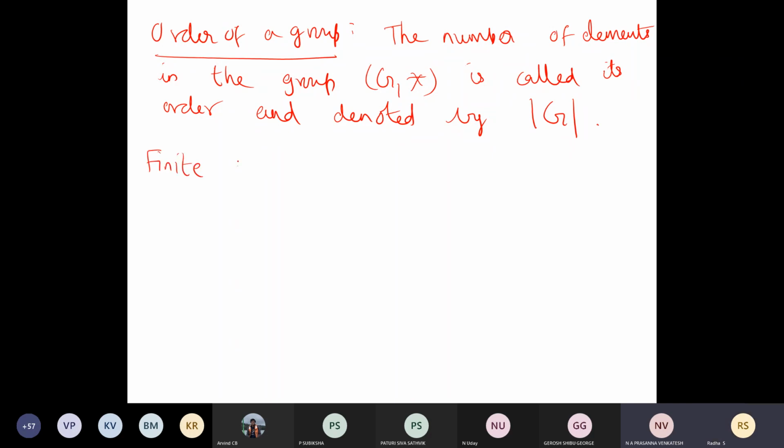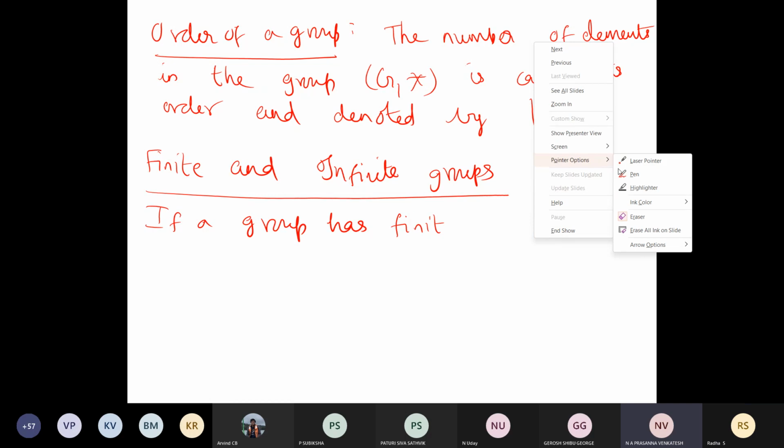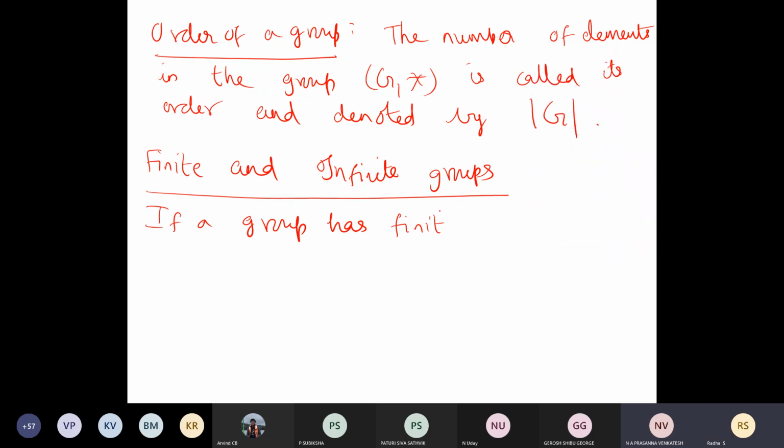Based on the order, you can classify the groups into two: finite and infinite groups. So if a group has a finite number of elements, then it is called a finite group.